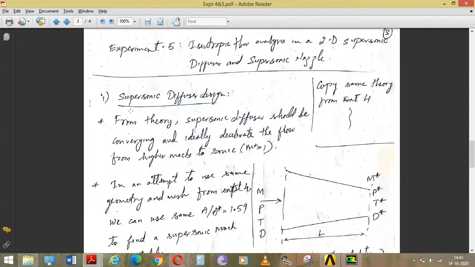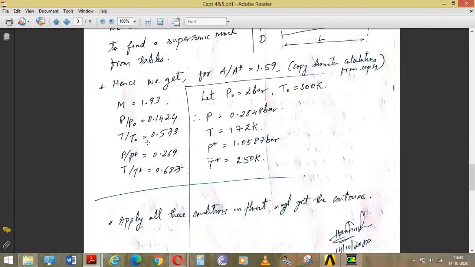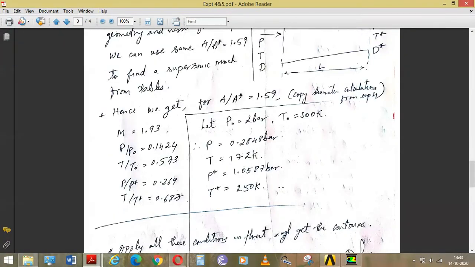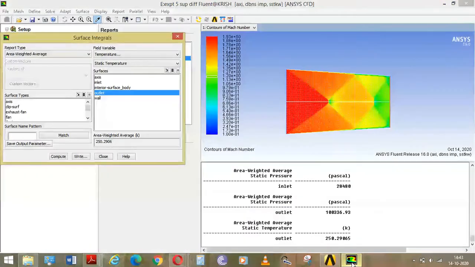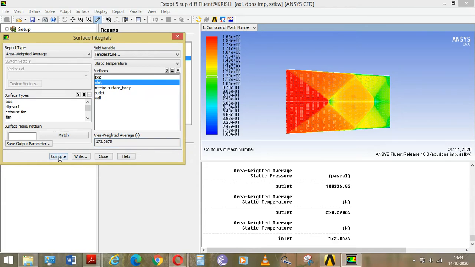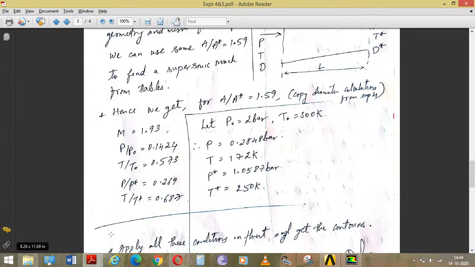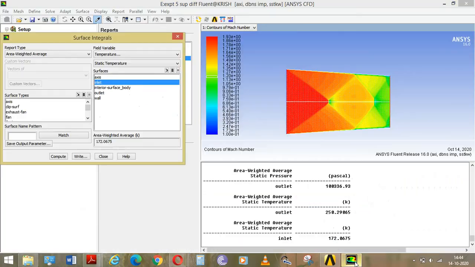For the diffuser, static temperature at exit is 250 Kelvin. So it's correct. We didn't input the static temperature at inlet either. It is 172 Kelvin at the inlet. That's correct.